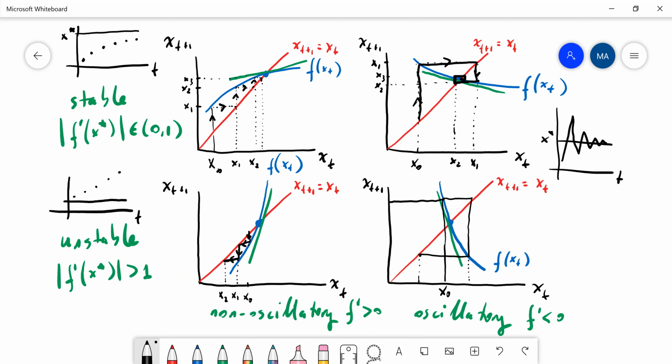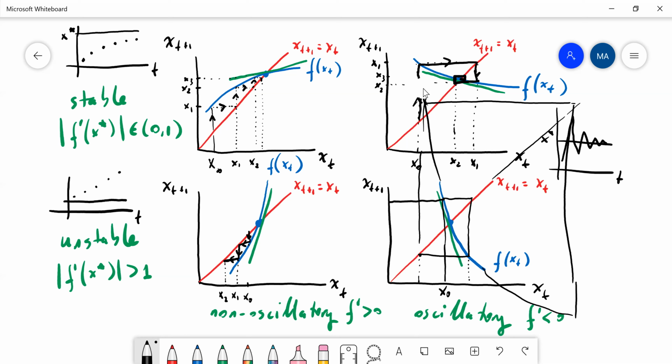Then you go up there, somewhere the blue line is crossing with this one. So the red line goes there, and you find the blue somewhere here, right? So in that case, if this is the steady state, you move away from the steady state, because it is unstable, right?